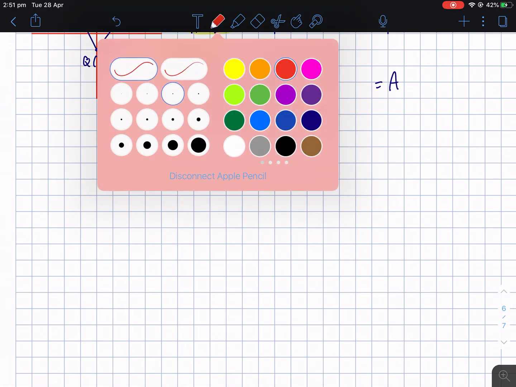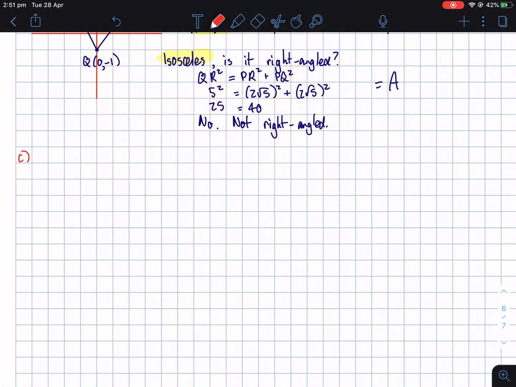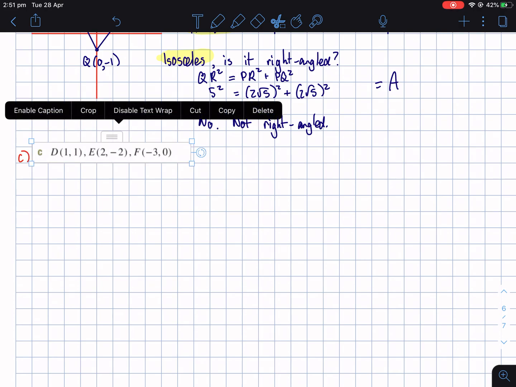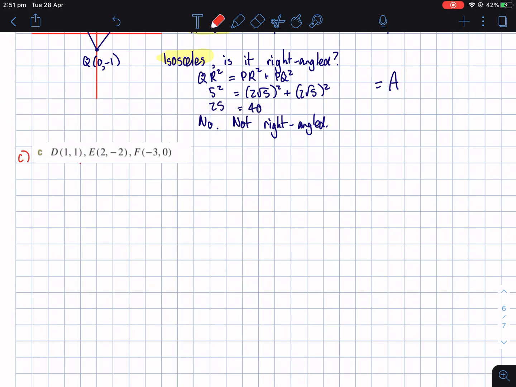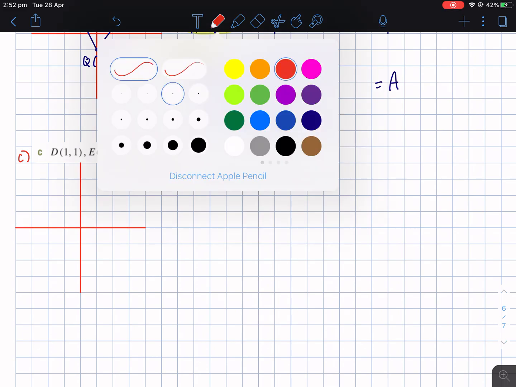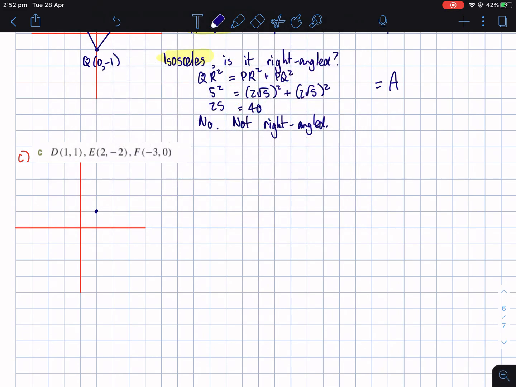All right, let's have a look at C. We've got the point 1, 1, 2, -2, and -3, 0.